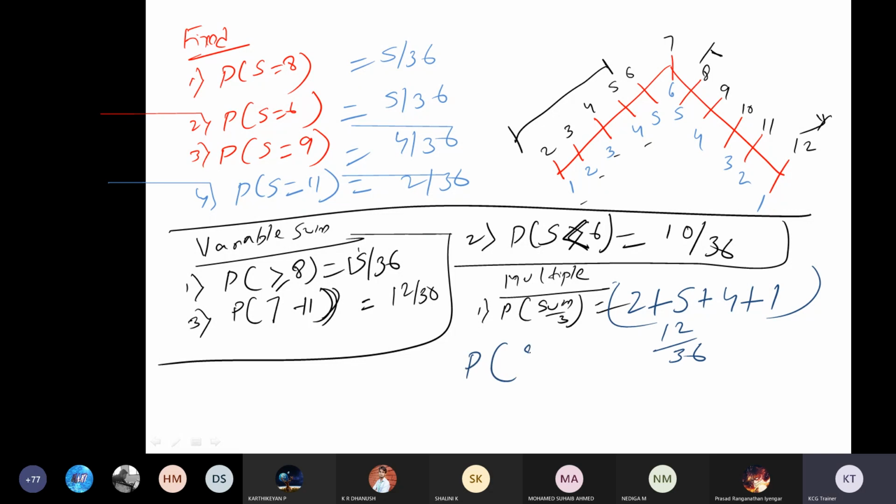Now you tell me the probability of sum divisible by 4 or 6. Which are the multiples of 4 in the diagram? 4, 8, 12. So add all the numbers of 4, 8, 12.